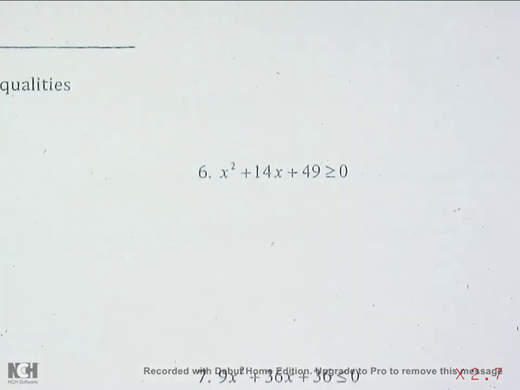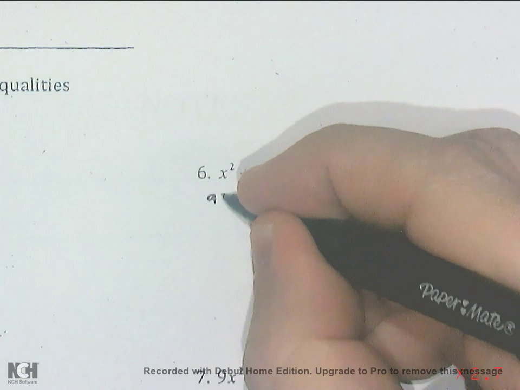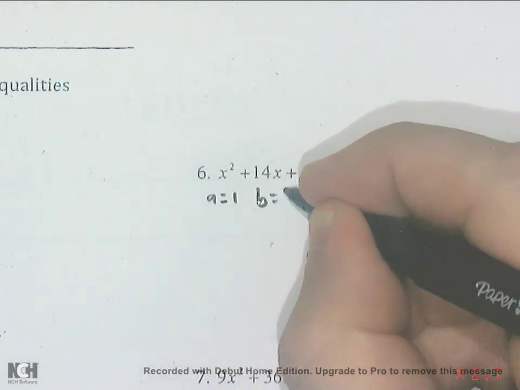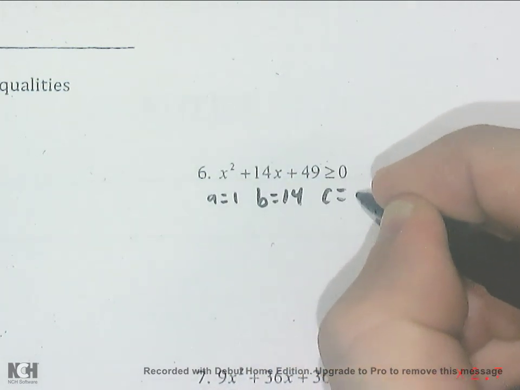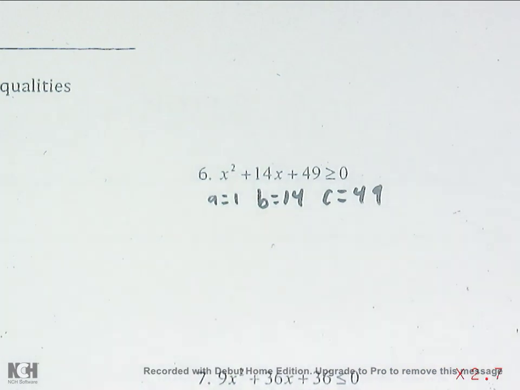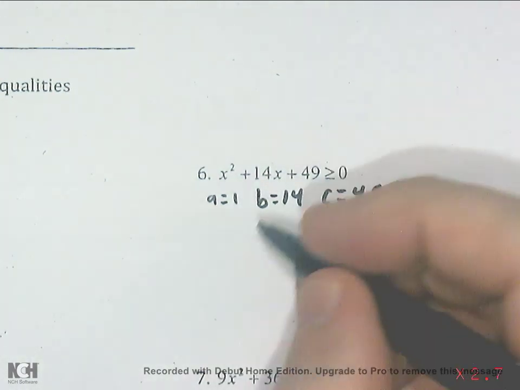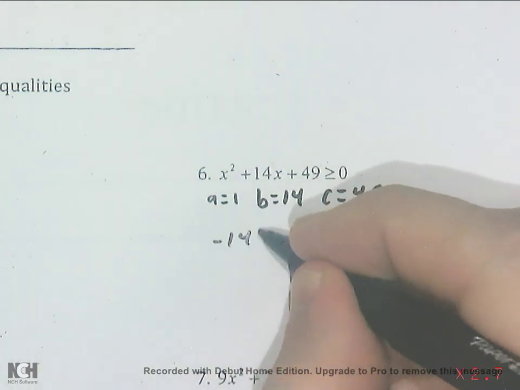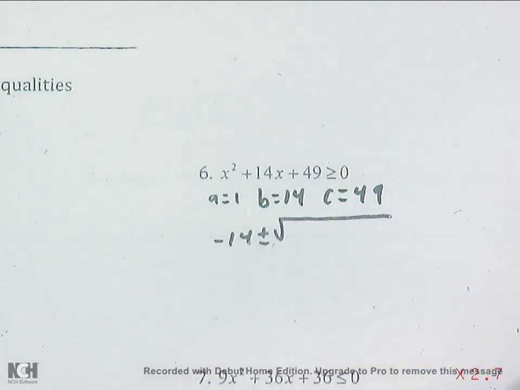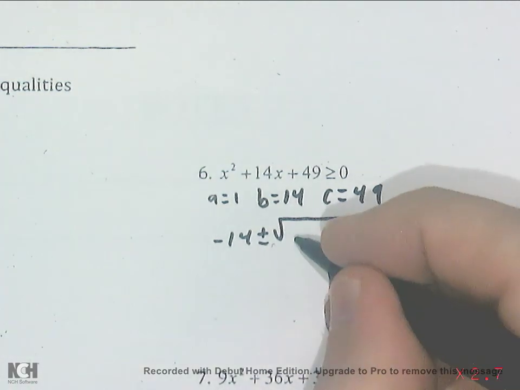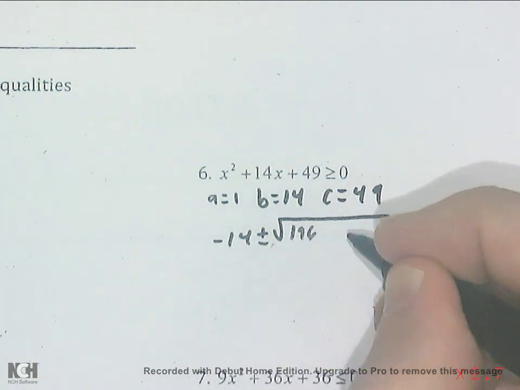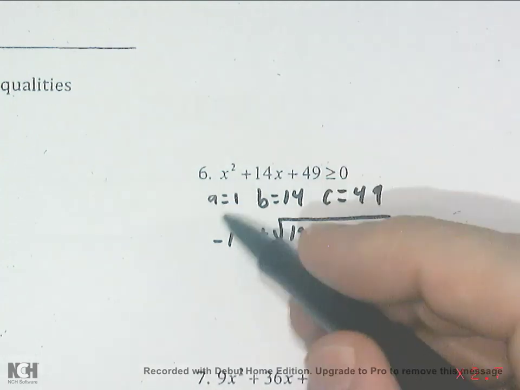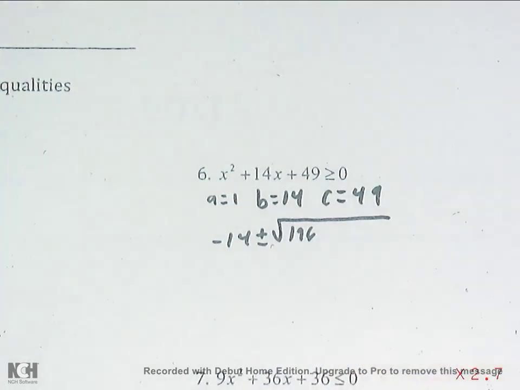So this one, again, let's use our quadratic formula. So a is equal to 1, b is equal to 14, c is equal to 49. Okay. Negative b, so negative 14, plus or minus the square root of 14 squared is 196, minus 4 times 1 times 49.